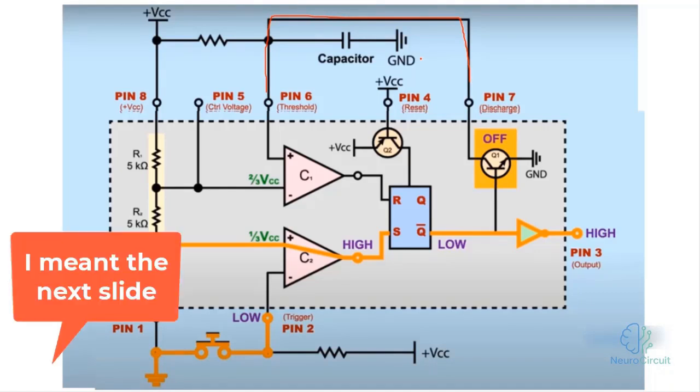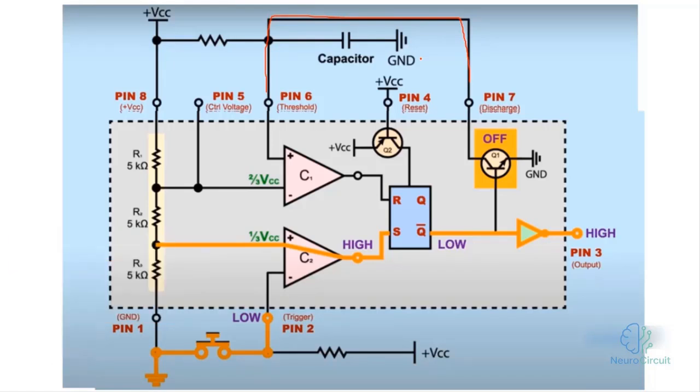Before I go to the previous slide, take a look at these orange lines. We said that in the monostable mode, we use exactly the same circuit for pin number 2 as we did for the bistable mode. When the switch is down here, it gives us the same path and we have a high output.